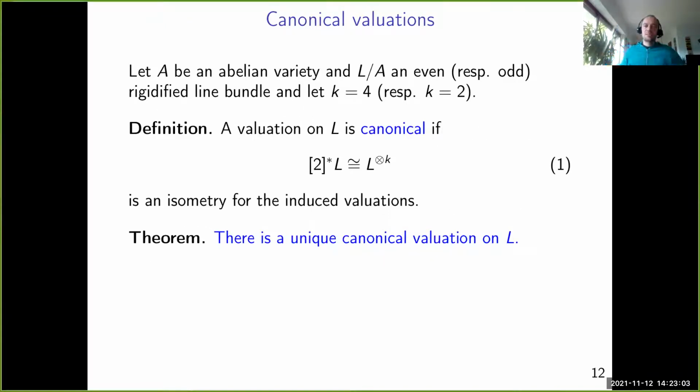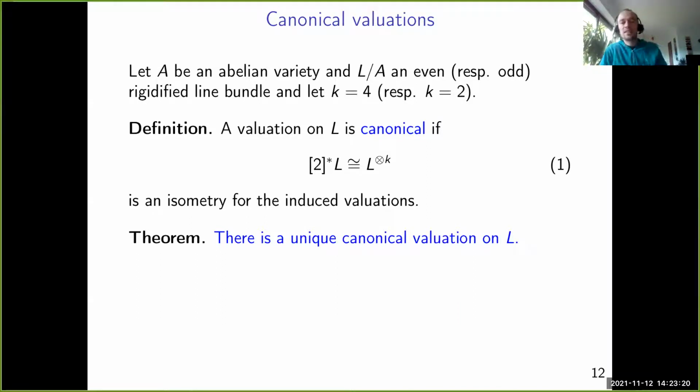Okay, so let's talk about abelian varieties. I mentioned before that in Zhang's construction of the canonical height using Adelic metrics, he had the condition that the metrics were supposed to be canonical. So what does that mean here in terms of valuations?